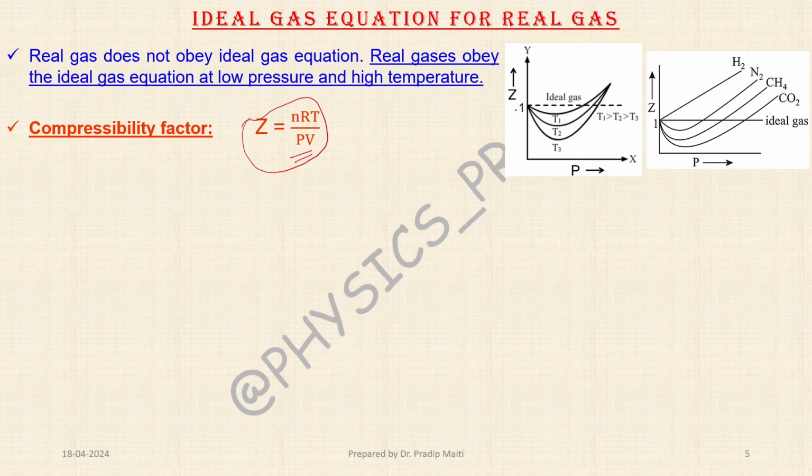If we plot Z versus pressure P for different temperatures, at higher temperature gases obey the ideal gas equation, as the dotted line represents the ideal gas equation, and these are the variations of Z with P. This graph represents the variation of the compressibility factor Z with pressure for the gases hydrogen, CH4, CO2, and for an ideal gas it is a straight line parallel to the pressure axis.